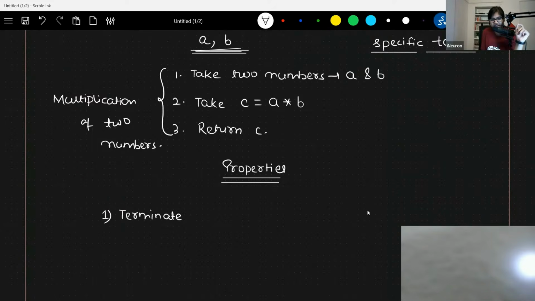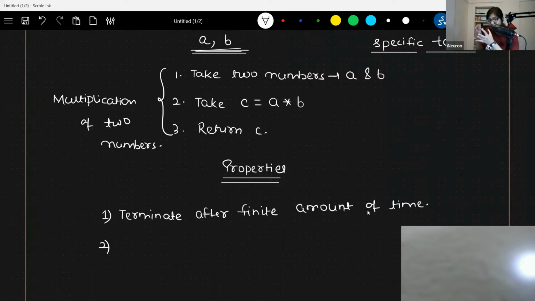It should terminate after a finite amount of time. Fine. The second important property is that once it gets terminated, it should produce at least one output. Your algorithm should produce at least one output.